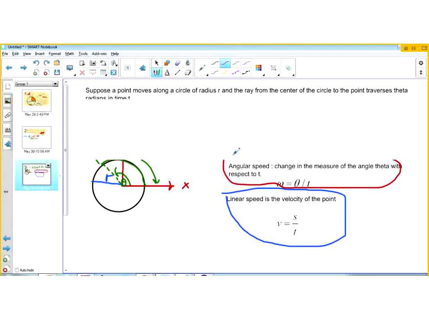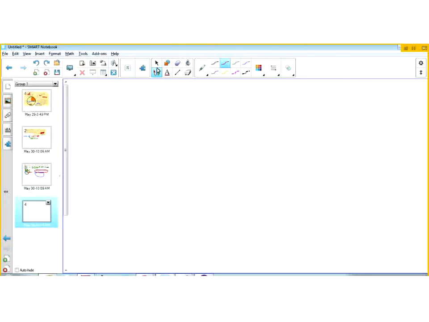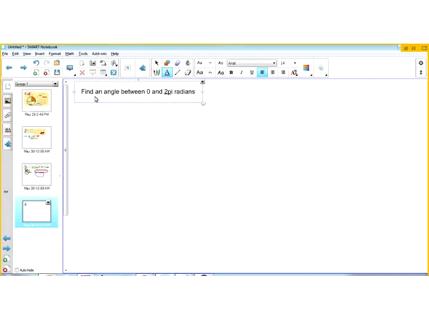Okay, so like in this question, let's do some examples. Let's find an angle between 0 and 2 pi radians that is coterminal with the following angles.